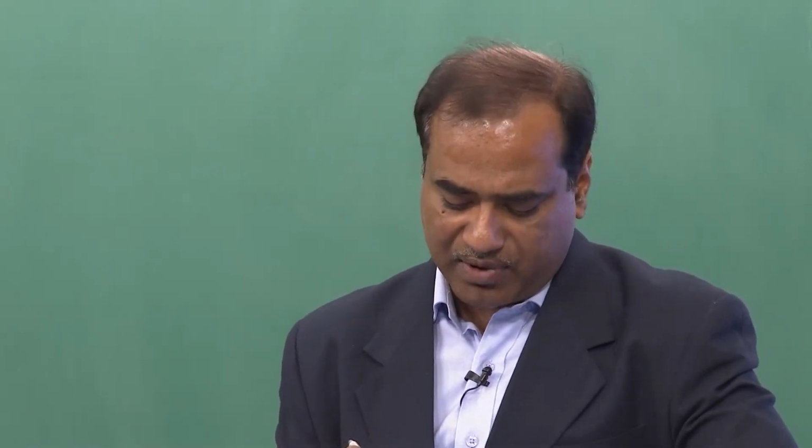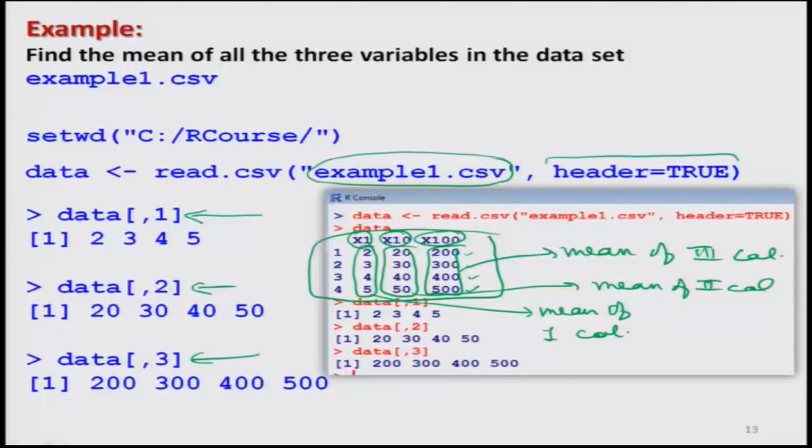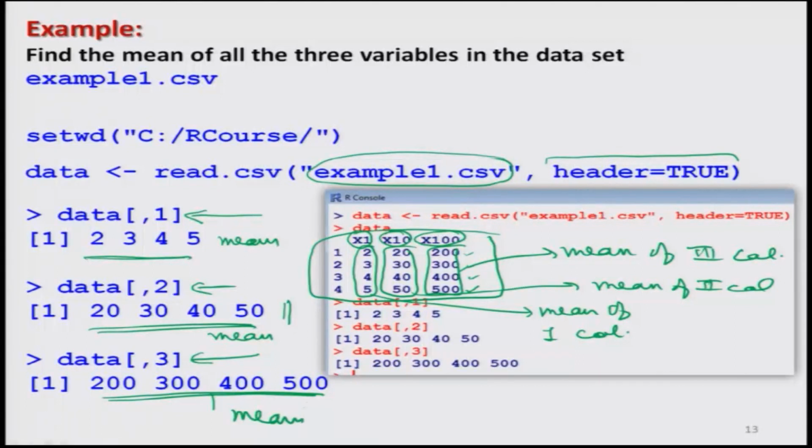You can see these 3 columns can be recalled by the name data, and inside the square bracket I write 1, 2 and 3. My objective is to find out the mean of the data set 2, 3, 4, 5, the mean of the data set 20, 30, 40, 50, and the mean of the data set 200, 300, 400 and 500.